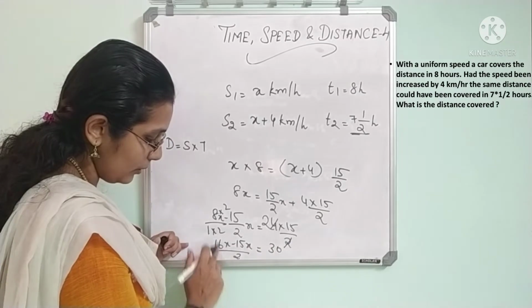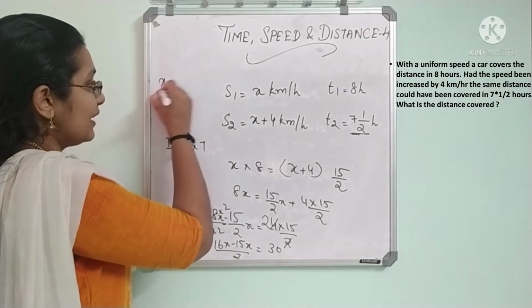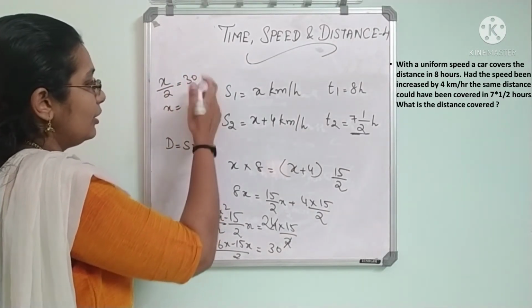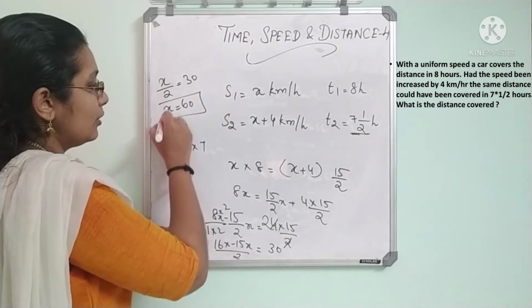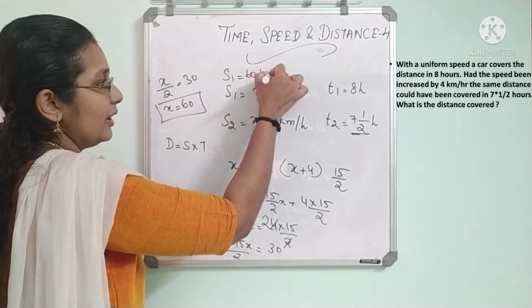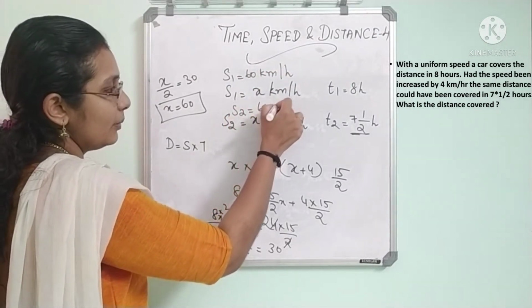Clear? So 16x minus 15x is x. Alright, 1x. So x by 2 is equal to 30. So x is equal to 30 into 2 is 60. So thus we have got S1 as 60 km per hour. Clear? So obviously S2 would be 64 km per hour.